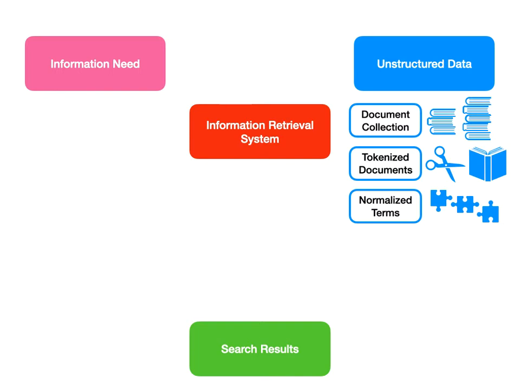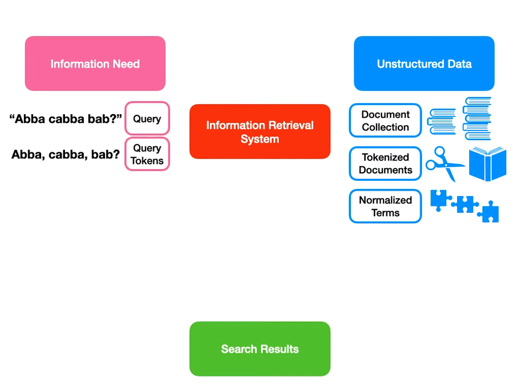So on the other end, our information need usually comes in the form of a query in a search bar, right? Abacababab, right? We do the same kind of process to those queries. We turn them into tokens, so abba, kaba, and a bab, and then we normalize them so that we get rid of some of the superfluous information.